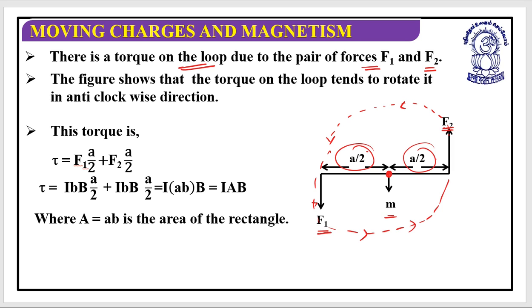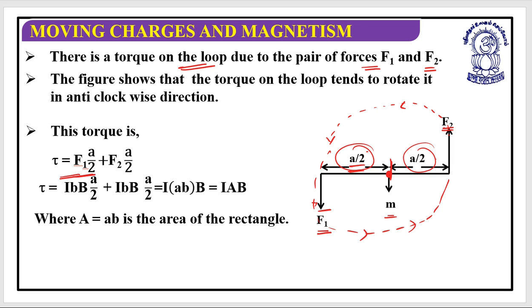As it is going to move in this direction, the torque on the loop can be calculated. The torque is given as force multiplied by perpendicular distance. If it is going to be rotated from here, the perpendicular distance will be a by 2, and both the forces are trying to rotate the coil in the same direction. So I am going to add the torque due to both.